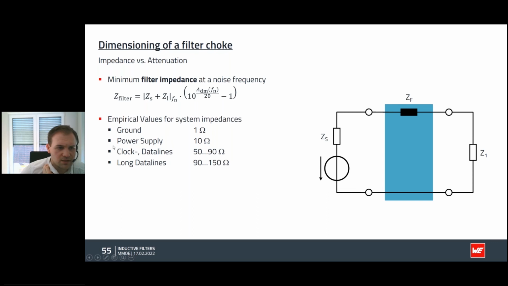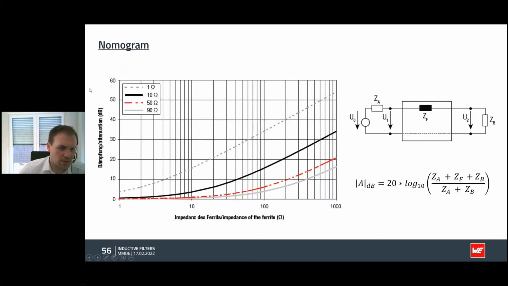So using these empirical values, you can calculate the needed filter impedance to get to your desired attenuation in the system, either using this formula or using this nomogram that we have here, which is pretty much just this formula drawn out to a diagram using different system impedances for the source and the sink.